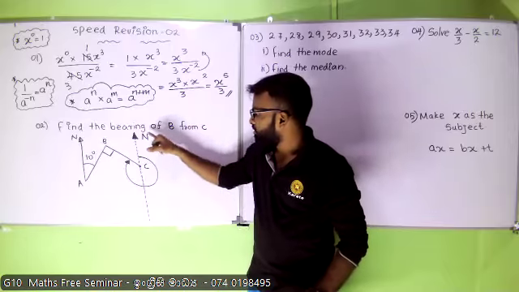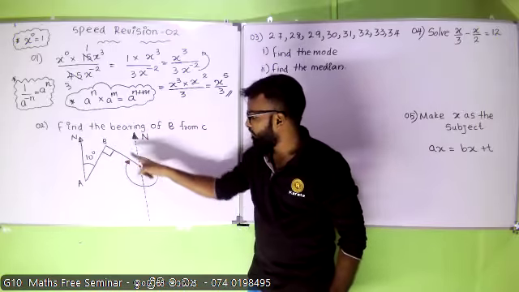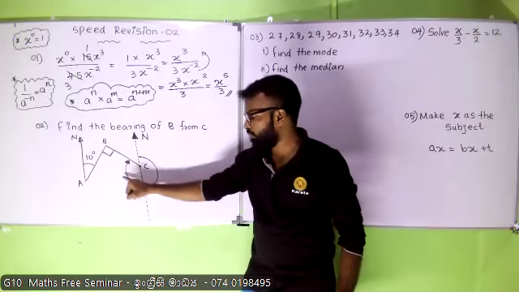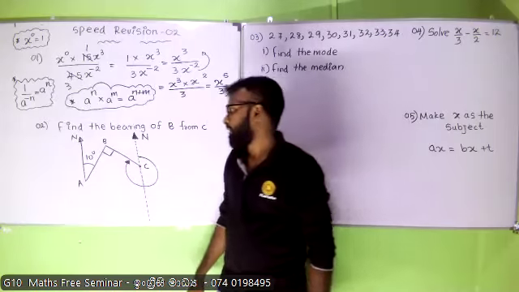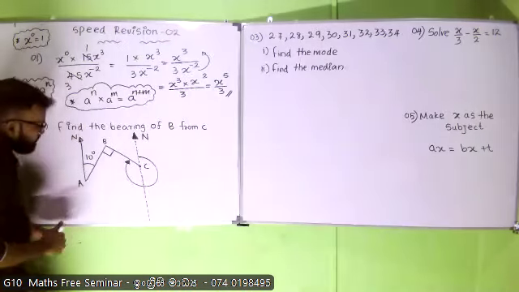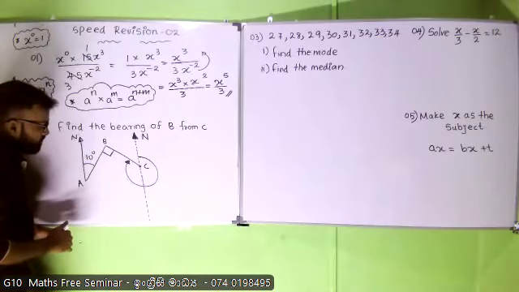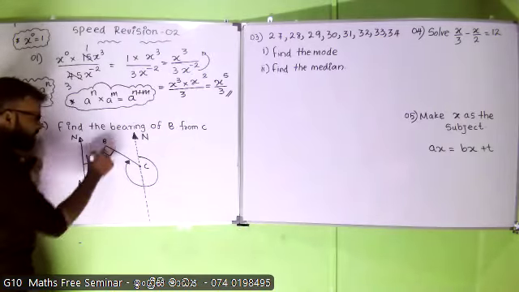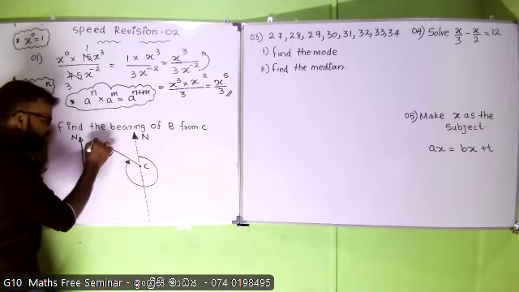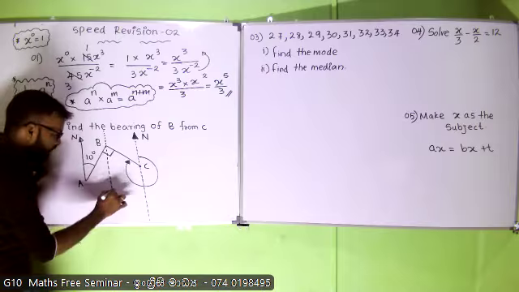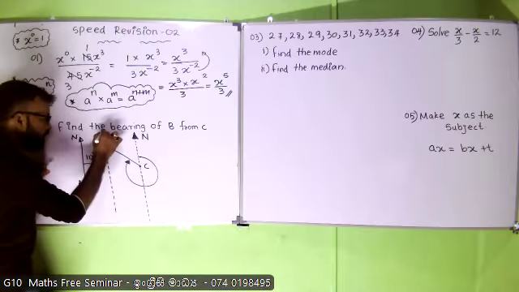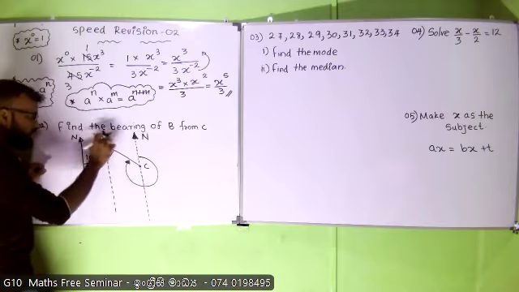So you have to write the bearing of B from C. You have to measure, or make sure that you have the correct answer for this. Right. So let's go. At the point B, I will make sure that I have another north pole, so that these 3 lines are parallel.